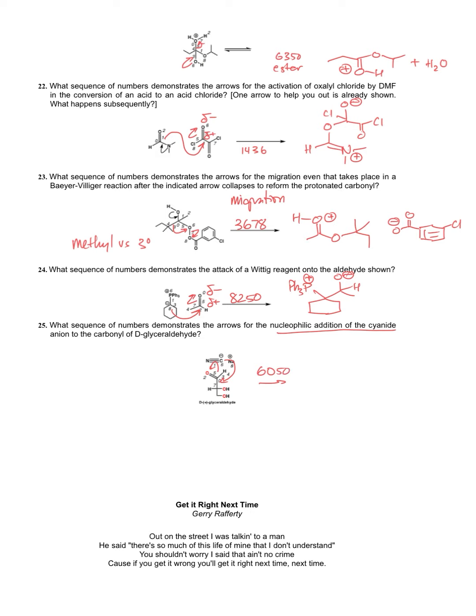So that's giving you the cyanohydrin, as that initiating step in the chain elongation reaction. Excuse me, this should be 5 to 2. 6, 0, 5, 2.